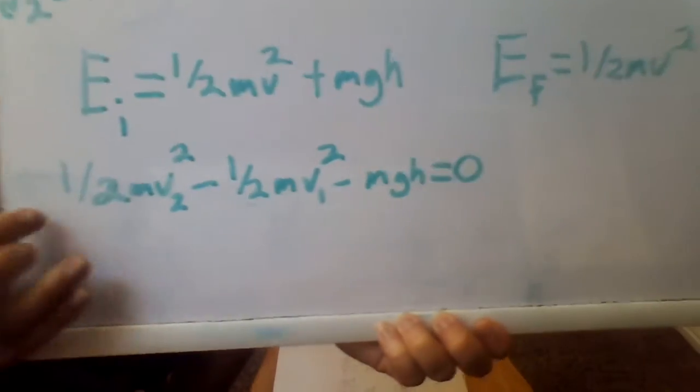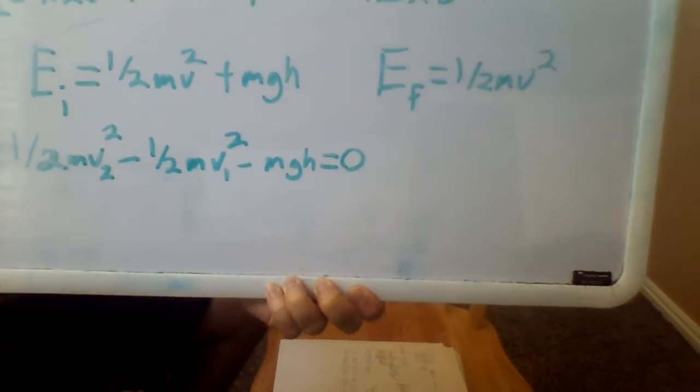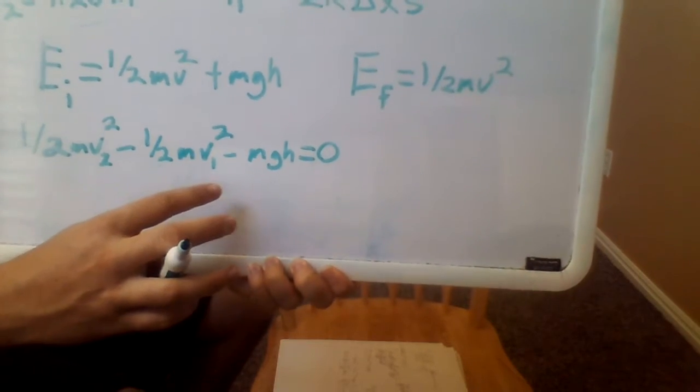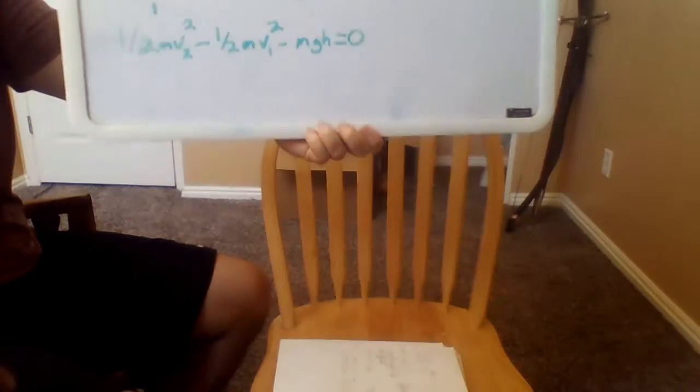So first we write it like this: 1/2 m v sub 2 squared, which is our final energy, minus 1/2 m v sub 1 squared minus mgh. We set it all equal to 0.